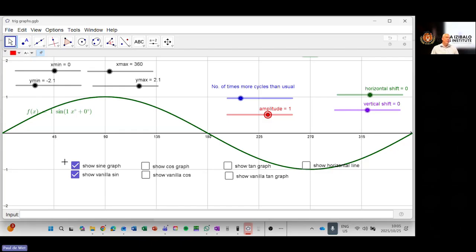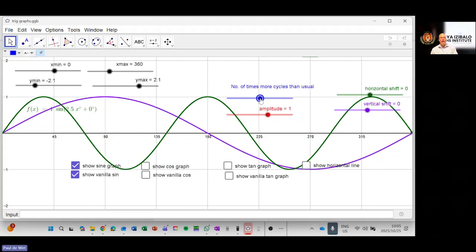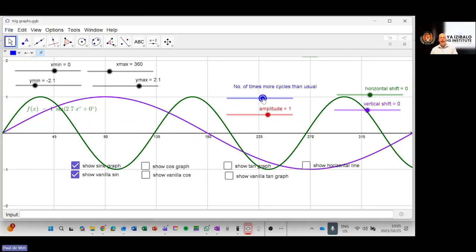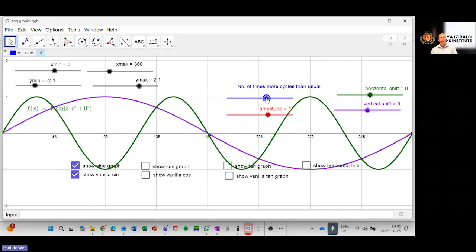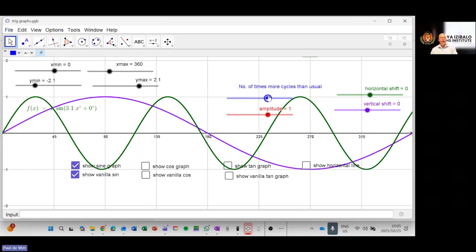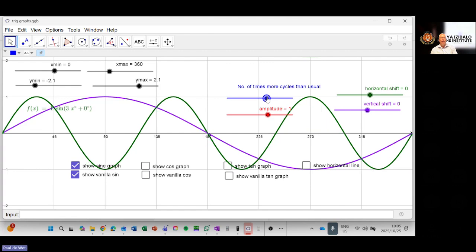Will the period get bigger or smaller? What will the period become? 120 degrees. Well done. What will happen if I make this 3? We will get 3 times more graphs than usual. So that's 3. Our period, we get 3 graphs in 360 degrees. So our period is now 120 degrees.